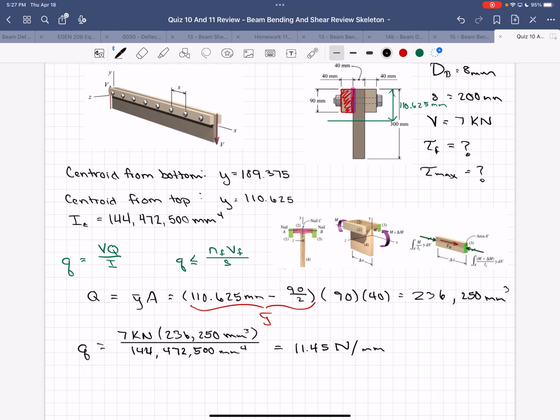So, okay, this is the shear flow that is transmitted by just one of these surfaces. So not both, only one. Okay, so that's important to remember. And the folks at home didn't get to learn that fun lesson, so I'm going to write it down.